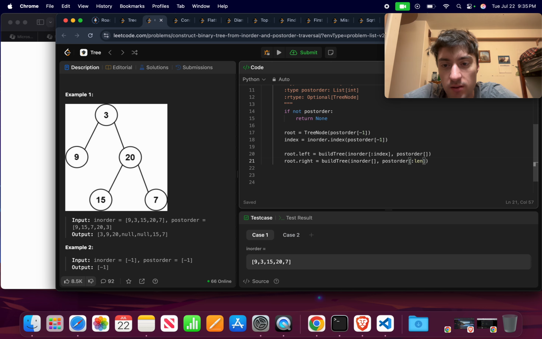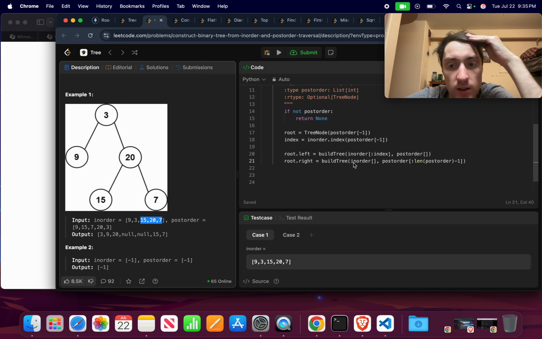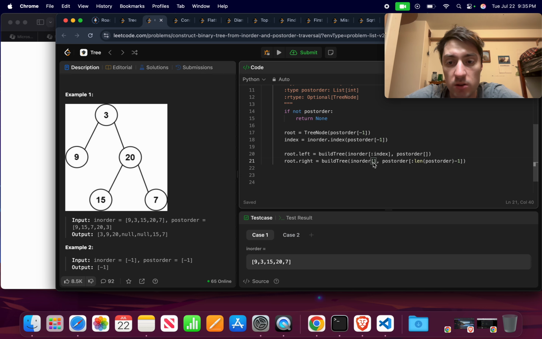Length of post order, and that's the number of elements, so I -1. Oh my gosh, I don't know what I'm doing. So now in order comes here, and now I want to pass in this here. So I have this 3 as my root, and that's where index is, and I want to pass in all this. So index is not included, so index +1 all the way to the end.